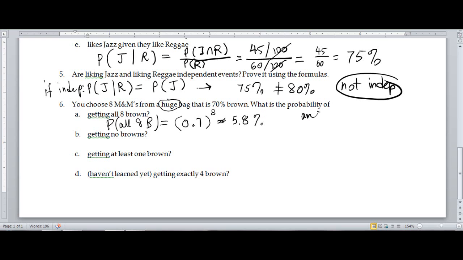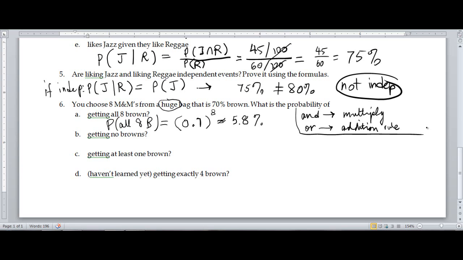Well, when you see the word and, when you know you want the first brown and the second brown and the third brown, then you're going to multiply. Use the multiplication rule. When you see the word or, the first brown or the second brown or the third brown, then you're going to use the addition rule. So that's something you just want to remember.